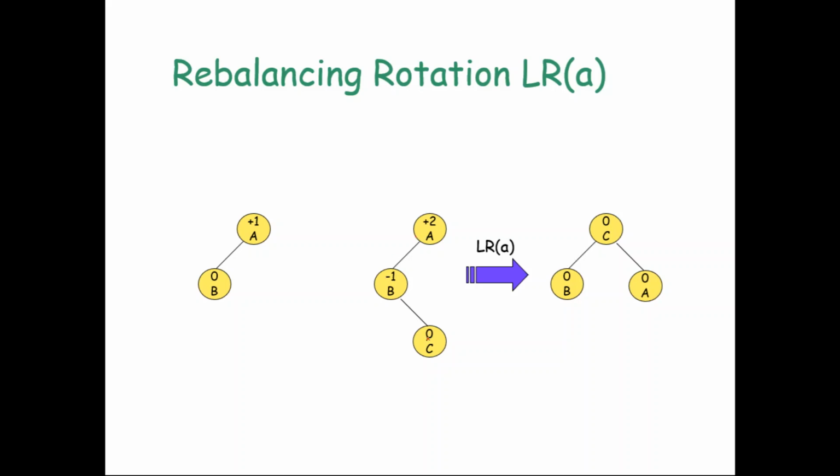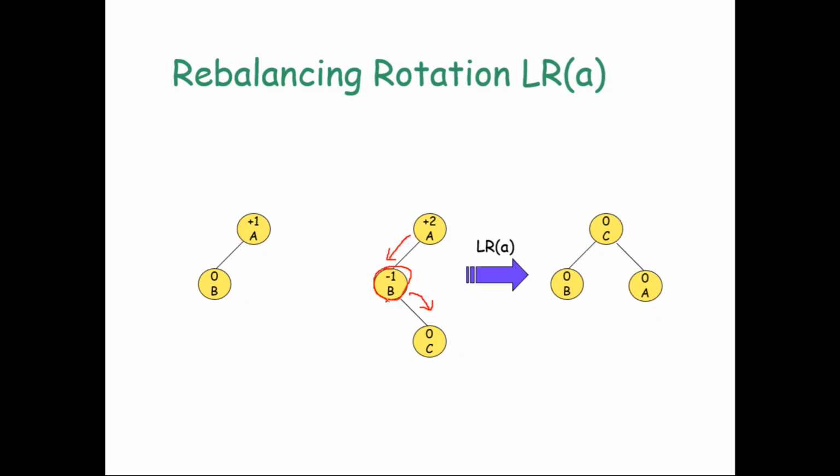from A you try to reach C. When you are trying to reach C from A, first you have to reach B, which is to the left of A, but then you have to go to the right of B. So here the direction is changing from left to right. The node on which the direction is changing, on that node you have to perform a left rotation and then a right rotation.